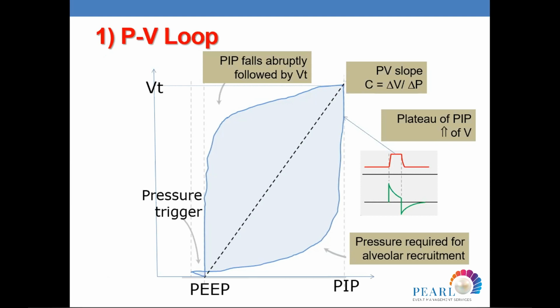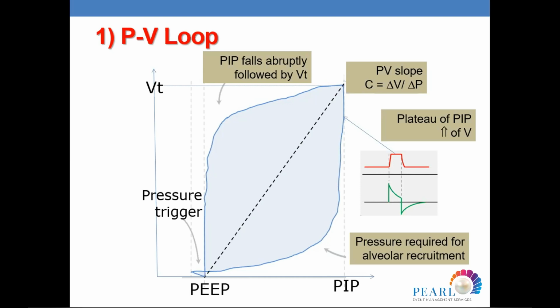It starts initially, of course, either there is a trigger, then from the PEEP, it will go increasing the pressure. This pressure is not generating any volume, or very little volume. Then at a certain point, at the opening pressure, suddenly there will be a shoot up in the tidal volume. So a little bit of pressure gives you more volume.